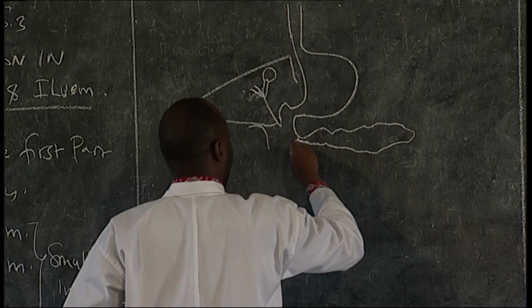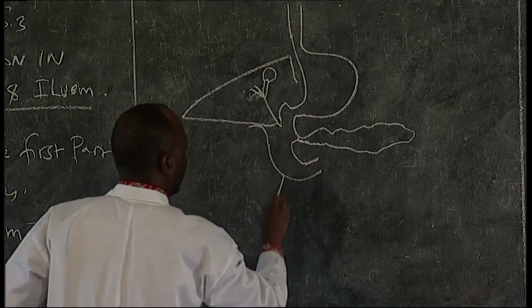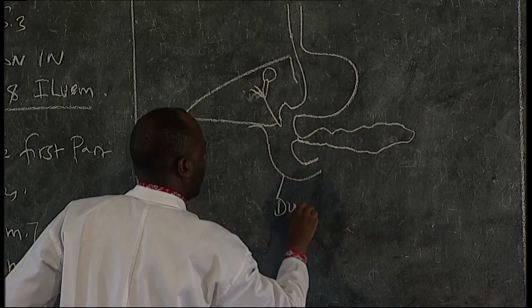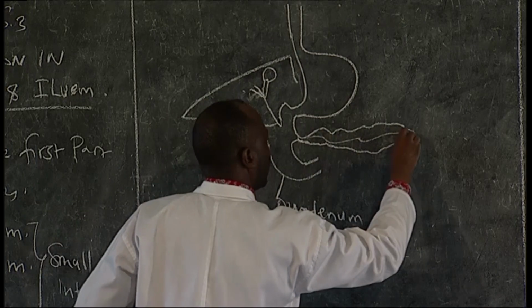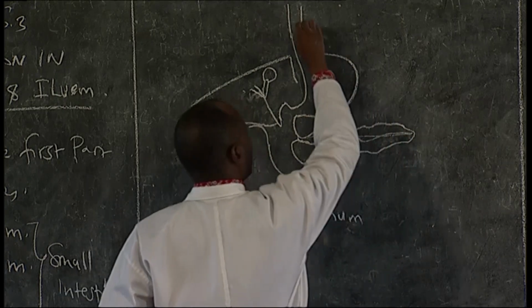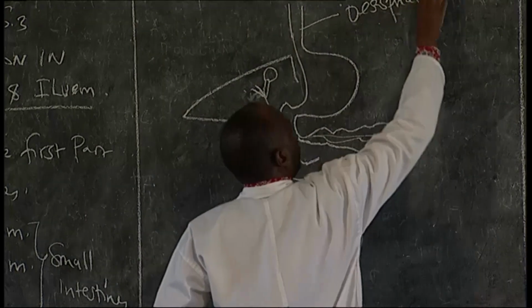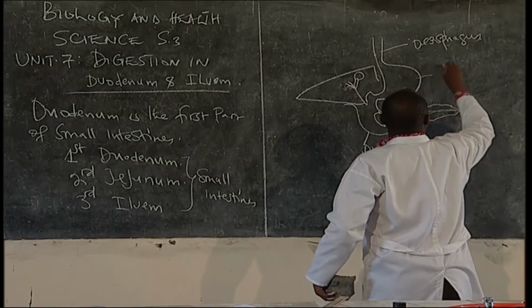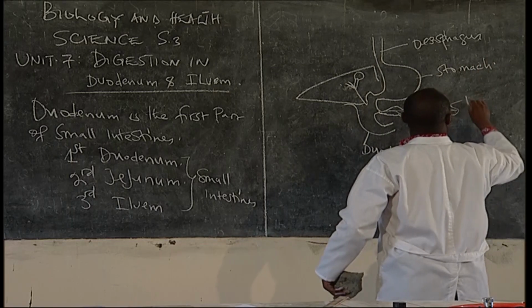From there, we have the first part of the small intestine, which is the duodenum. This is the duodenum, and this is the pancreas. This one is the esophagus. Now this is the stomach wall. This is the pancreas.